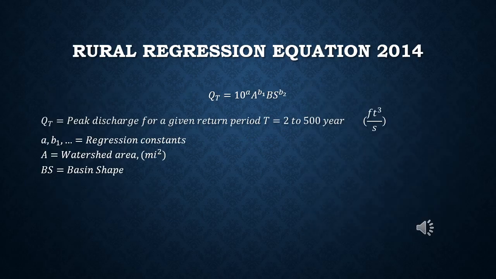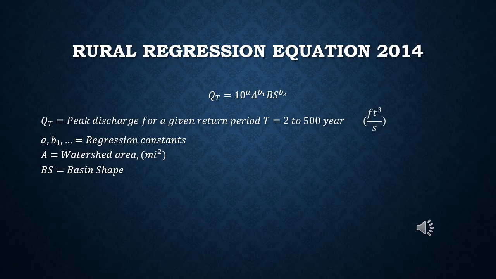Regression analysis helps us understand the relationship between the variables, and it also helps determine the flood magnitudes with various recurrence intervals by using data collected from stream gauges, and it also statistically predicts the outcomes.